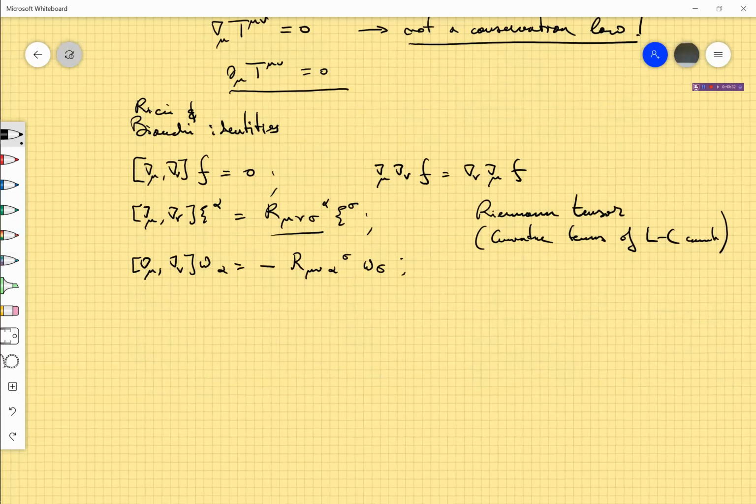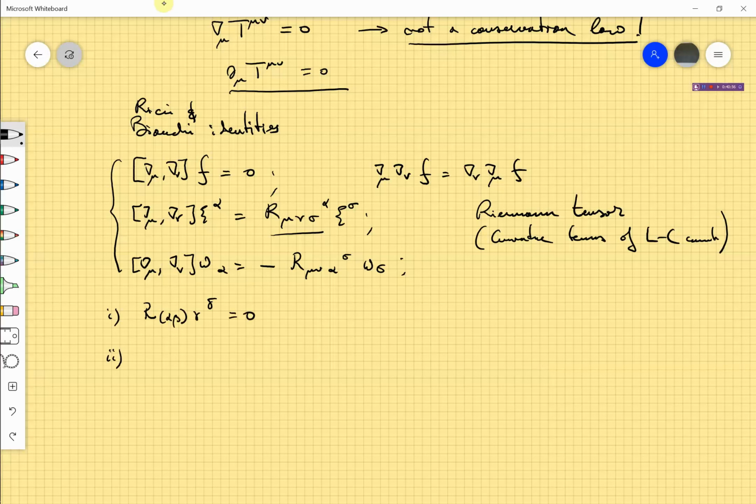Okay, and for the Bianchi identities, you just take those that we computed before and specialize for the case t equals 0. So one of them was trivial, or quite trivial. The curvature tensor, the Riemann tensor, is antisymmetric in the first two indices.